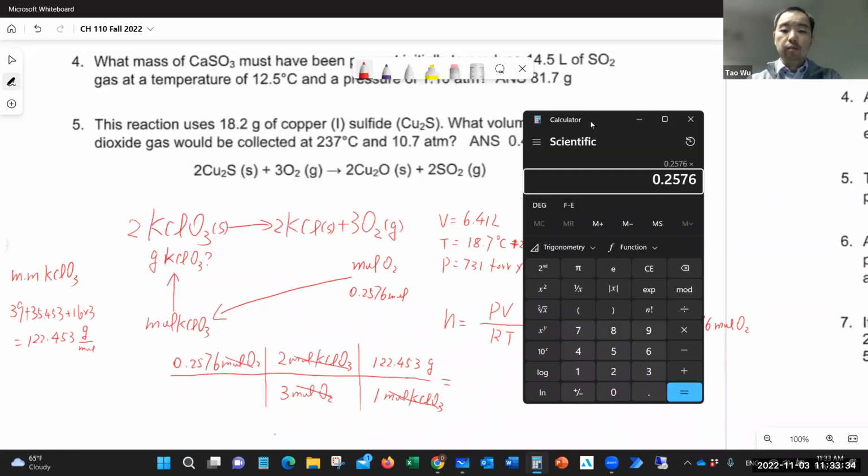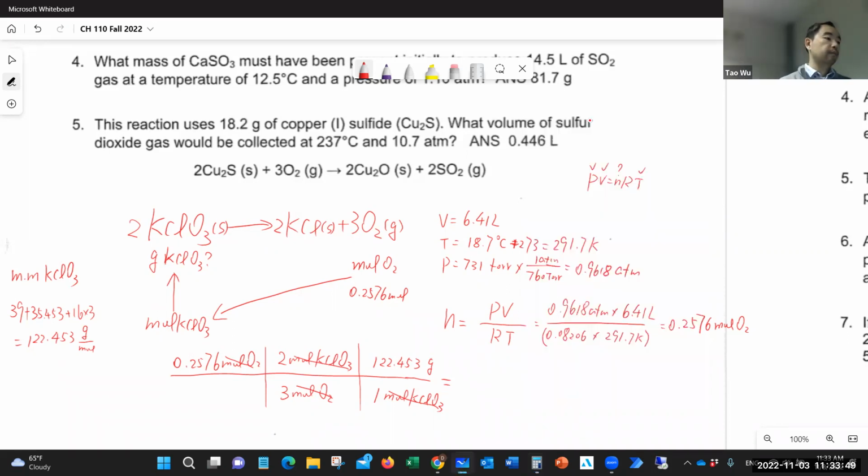0.2576 times 2 times 122.453 divided by (3 times 1). I got 21.03, and this is in gram.